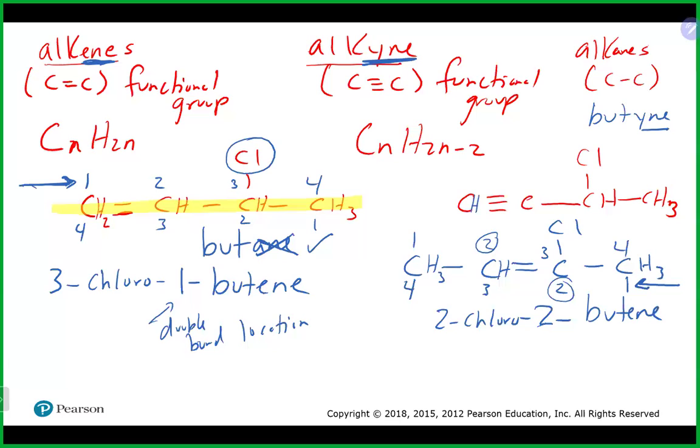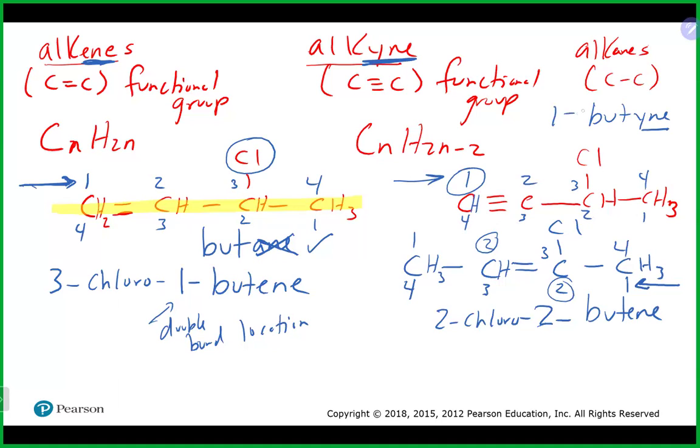So again, they're all related to each other, just changing a little bit. The triple bond location is going to be the most important here, and it's at carbon number 1. Again, if you went in the other direction, it would be at carbon number 3. So carbon number 1 is the way we want to number.